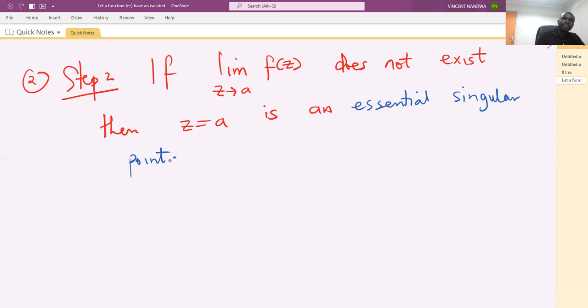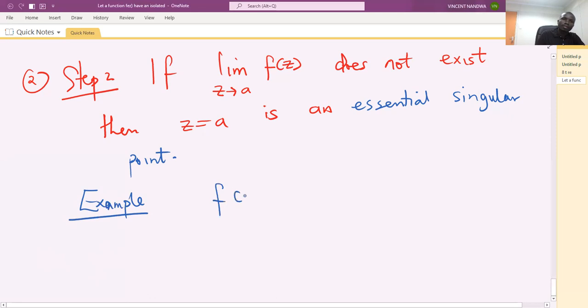So e.g., if we have the function f of z given by e raised to 1 over z at the point z equals to 0.